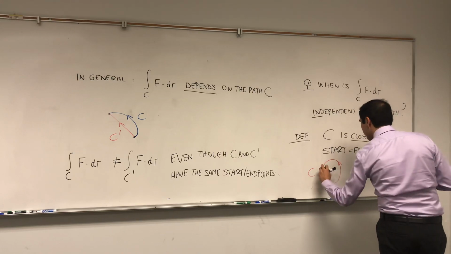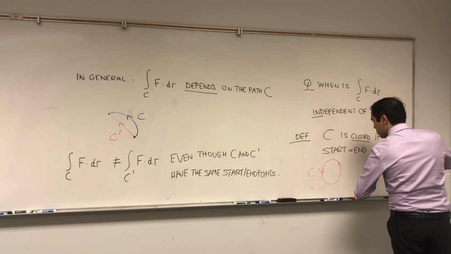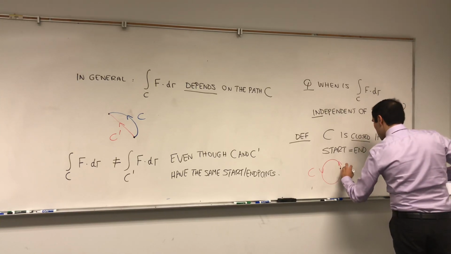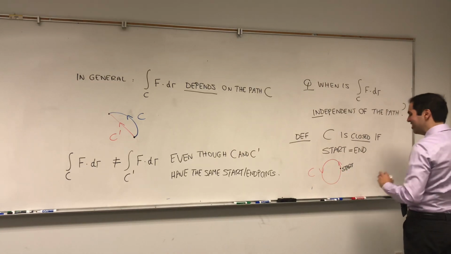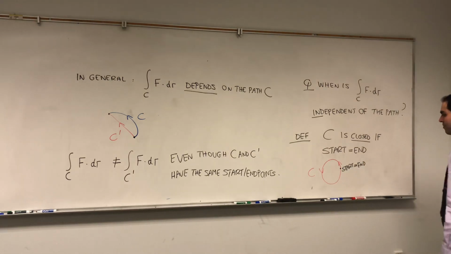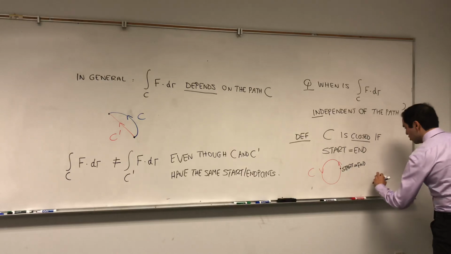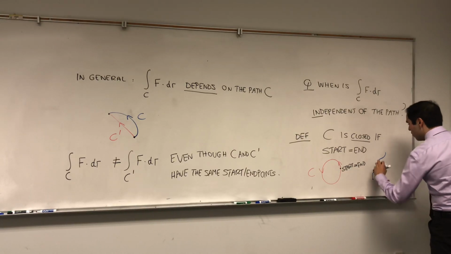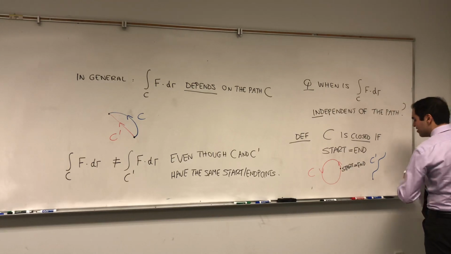It's closed because if you start at this point and go 2 pi radians this way, you get to the same point you started. On the other hand, something that's not closed is something like this path C prime, where the start point is not the same as the end point.